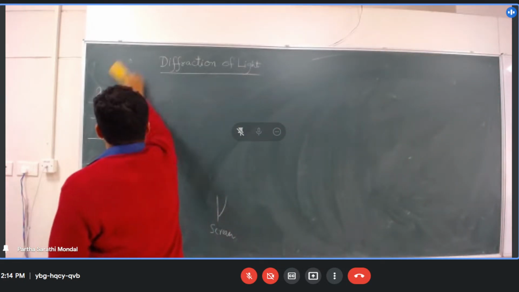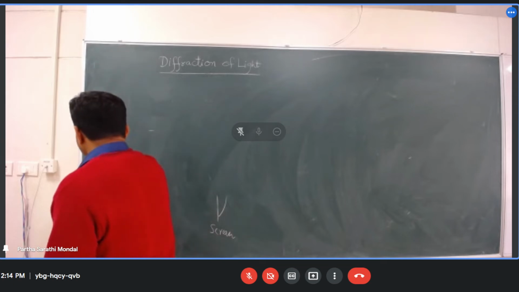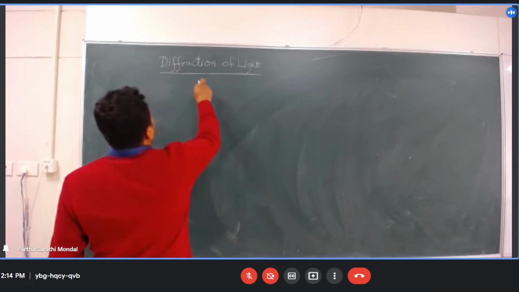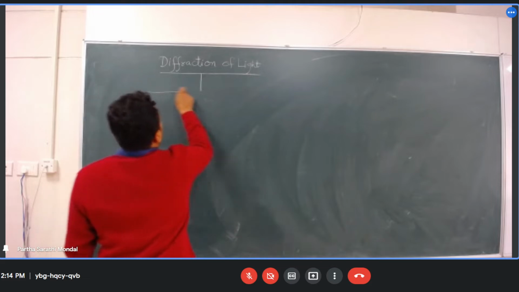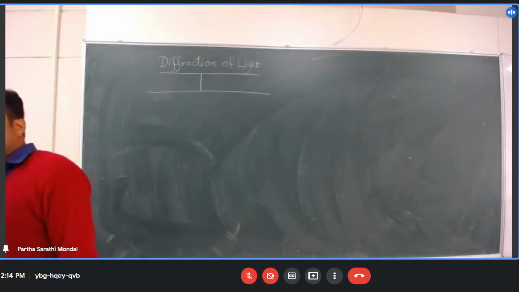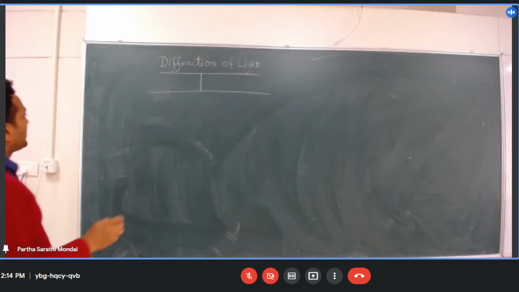So now, in nature, there are two classes of diffraction observed. There are two classes of diffraction we observe in nature, and people have also demonstrated them in the laboratory.